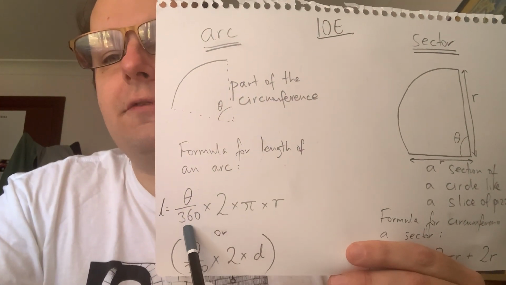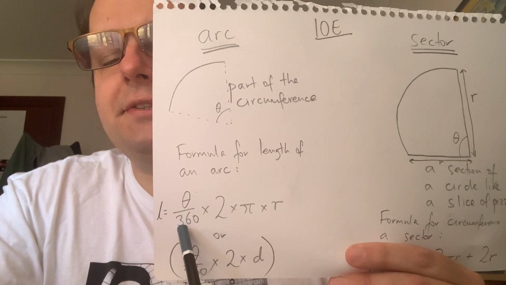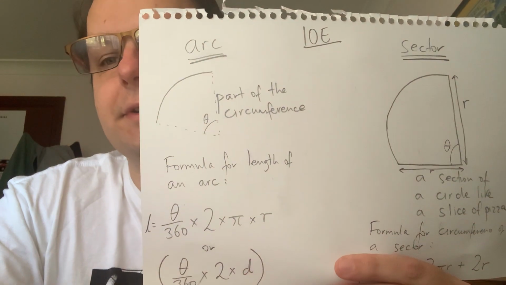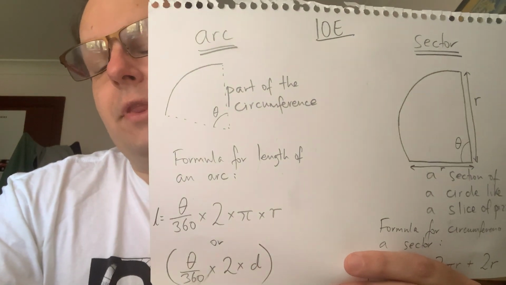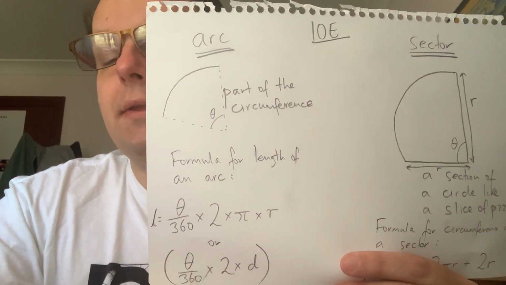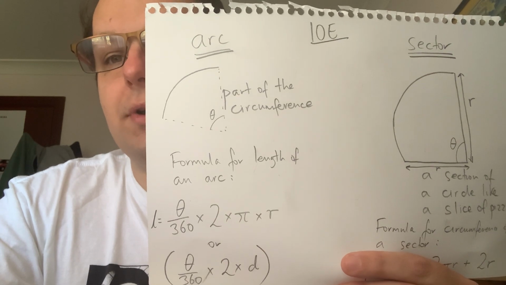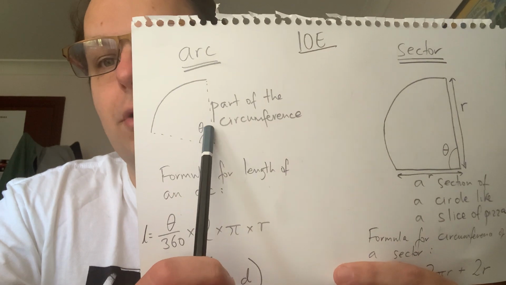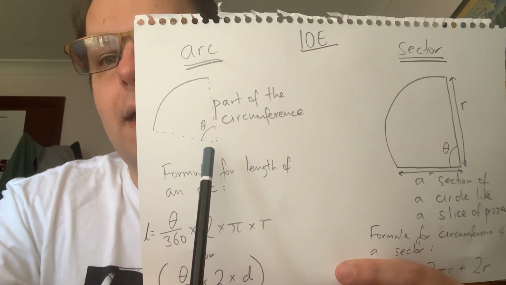And the thing that we have to add to that is a fraction, okay? It's theta over 360. Now, 360, you might remember that number because it's the amount of degrees in a full rotation of a circle.